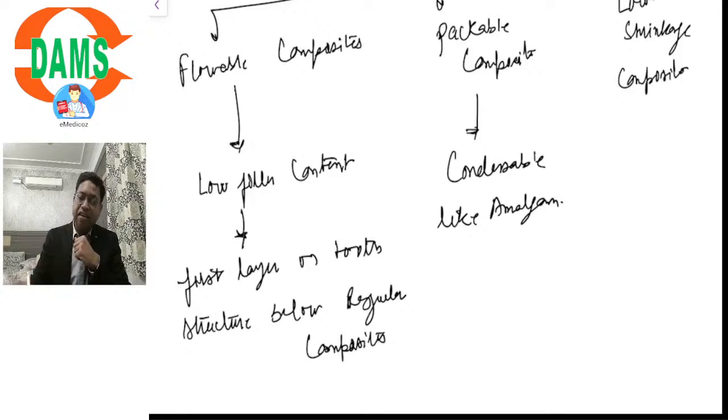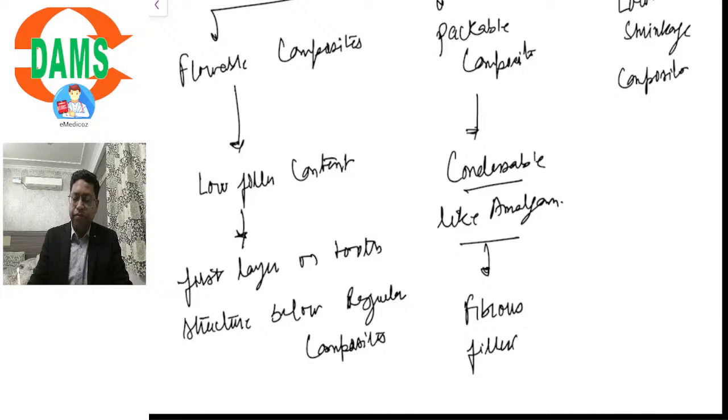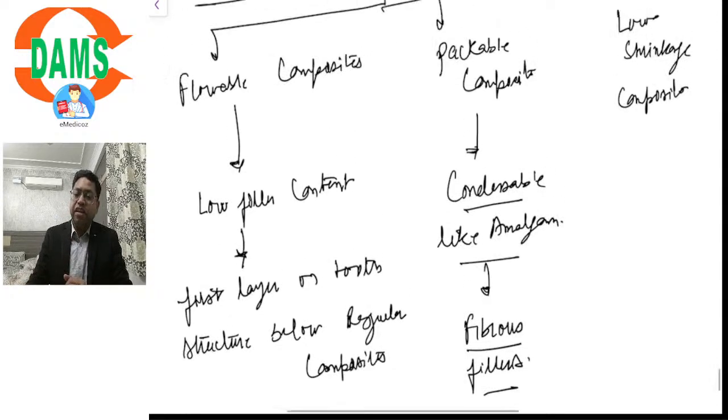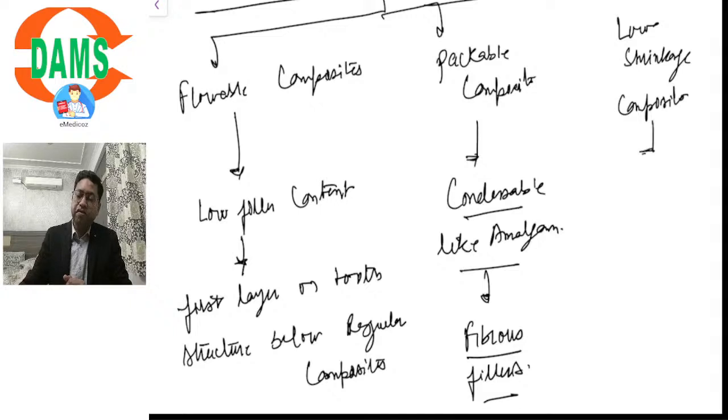To counteract that, there are certain condensable composites or packable composites which are based upon fibrous filler particles. The fillers are in the form of fibers that orient themselves and allow sufficient pressure of condensation to be placed. Then we have low shrinkage composites.